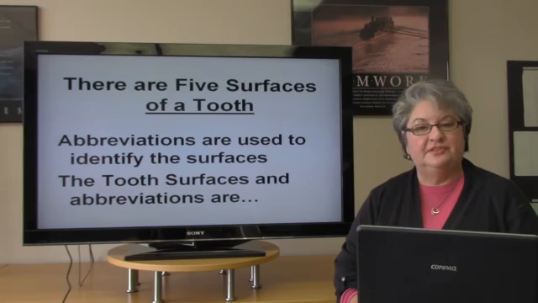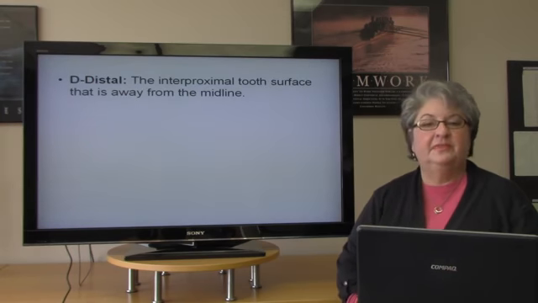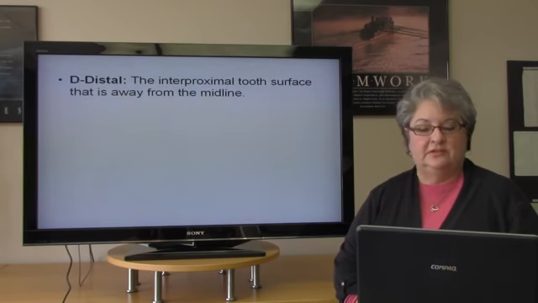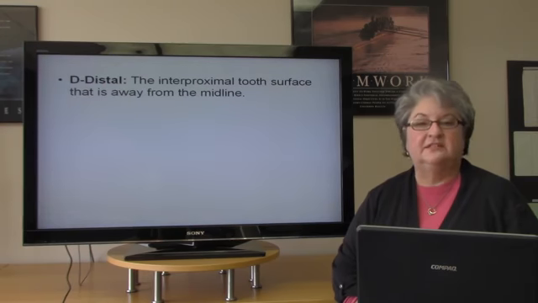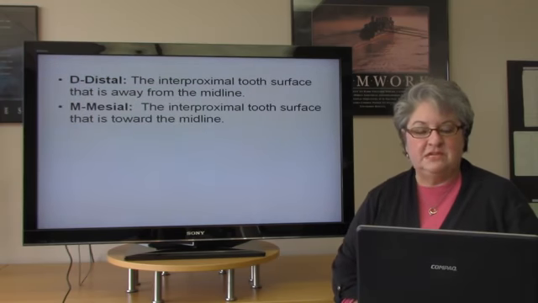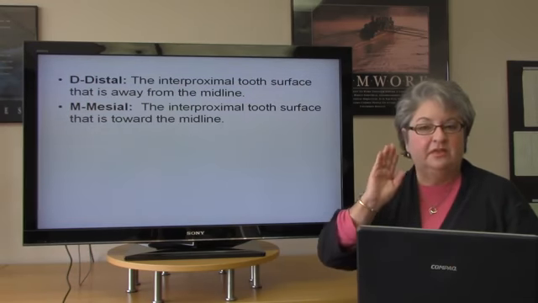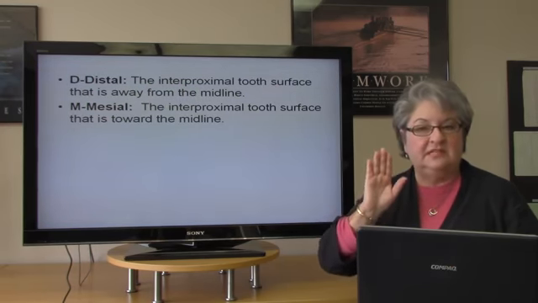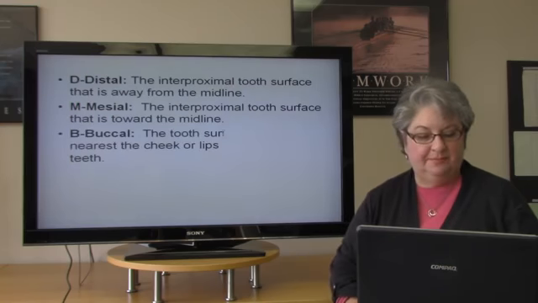The D is for distal, and that is the interproximal tooth surface that is furthest away from the midline of the body. The M stands for mesial, which is the interproximal tooth surface that is towards the midline, or the wall that is in between the teeth towards the front of the mouth.